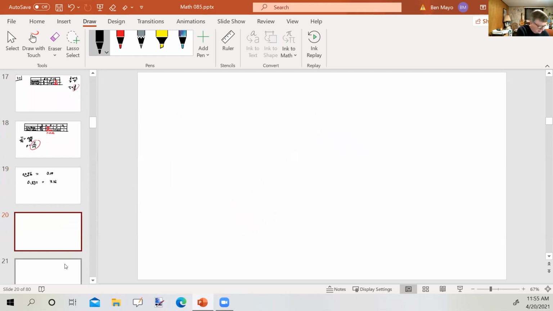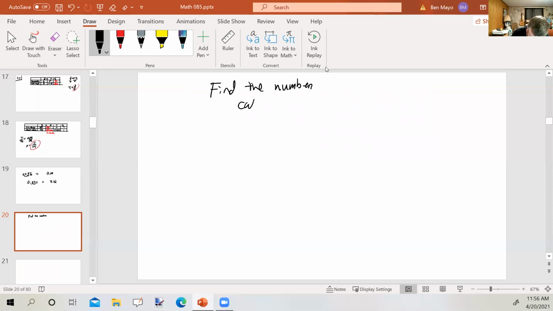Here we go. If a number is added to the numerator of 5/7 and twice as much is subtracted from the denominator, the result is 8. Find the number. Okay, find the number.